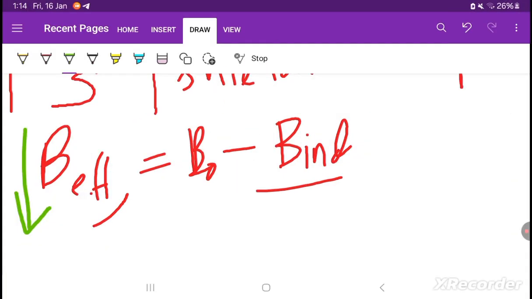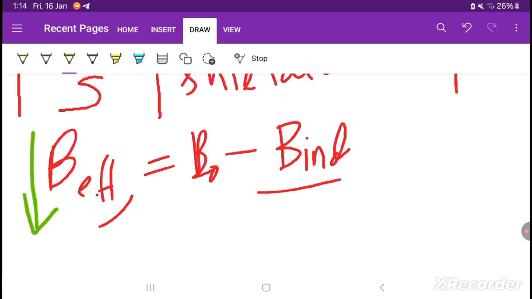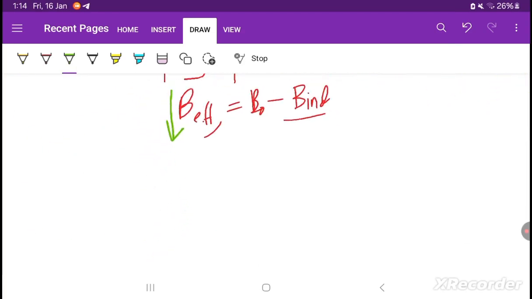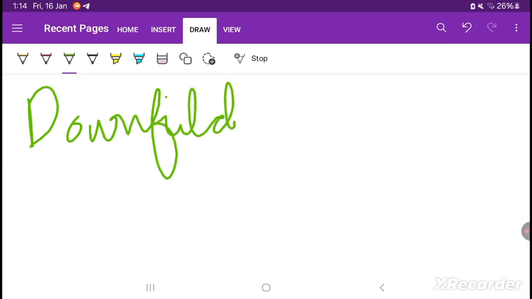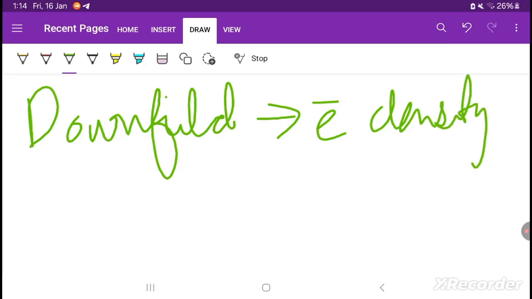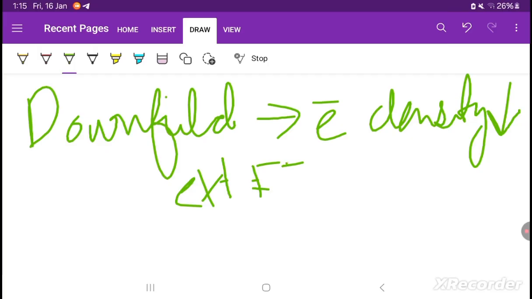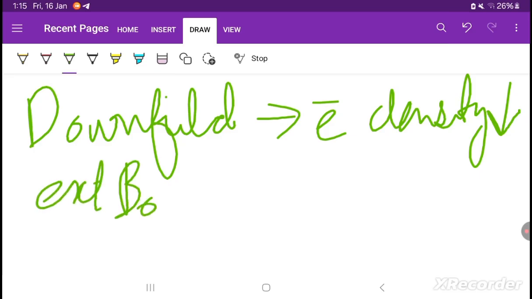There is another phenomenon called downfield. What is downfield? This is opposite to it. Whenever electron density is very low, the electrons are not sufficient to oppose the external magnetic field.